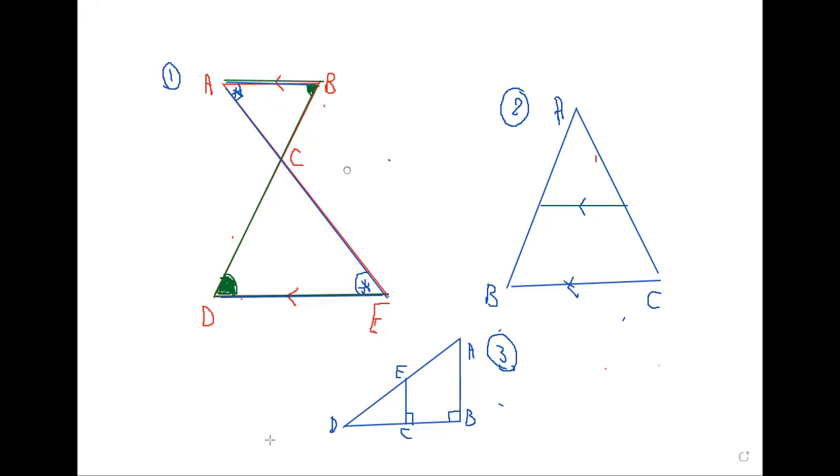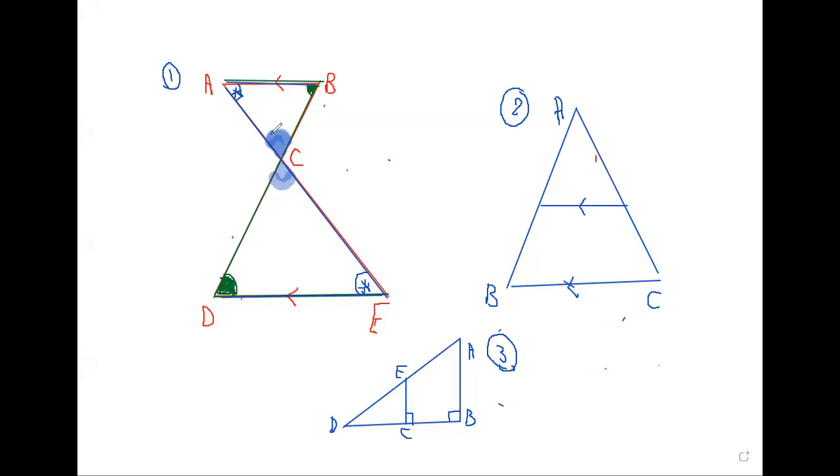Also, we can add something. Did you see this angle and this angle? What is the relation between those two angles? They are both the same, which is vertical angles, right?